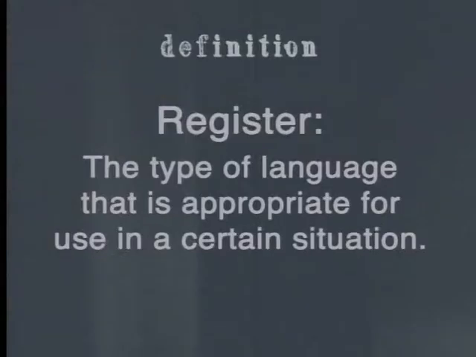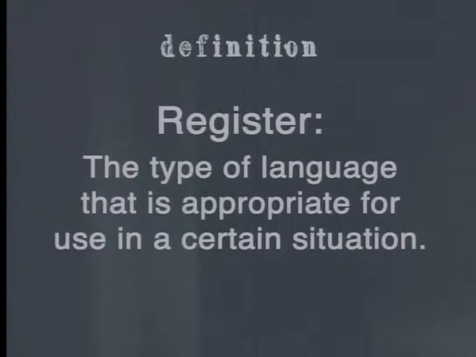As you can see, tone is described using an adjective. There are lots of adjectives that you can use to describe tone. So the more adjectives that you know, the more accurately you will be able to describe the tone of an article.